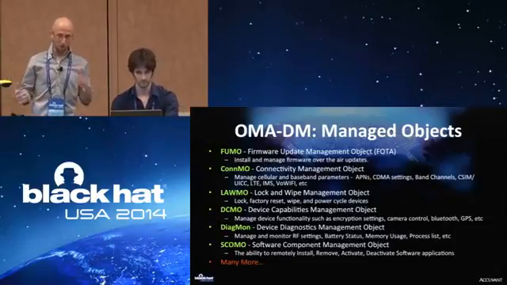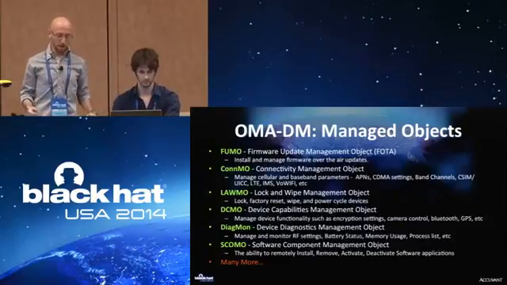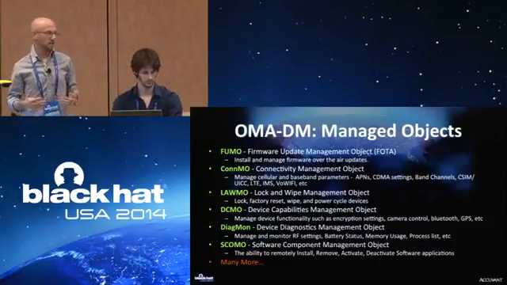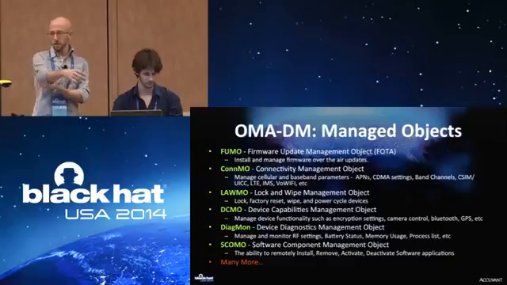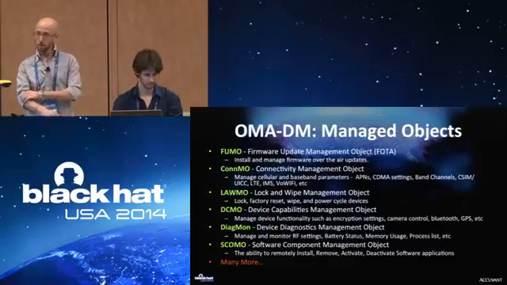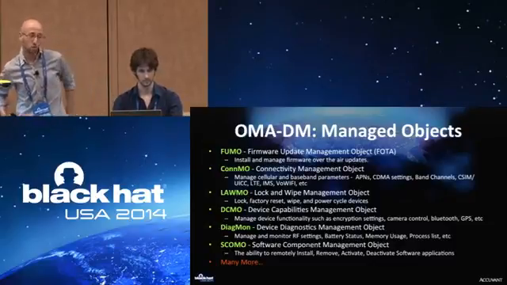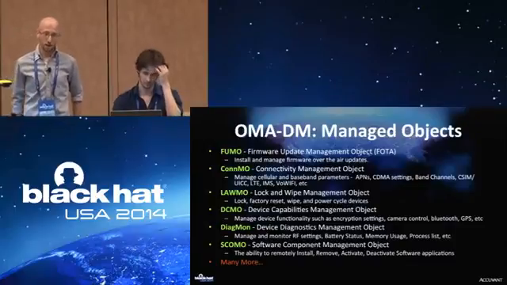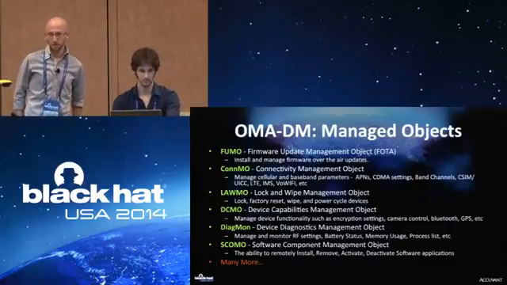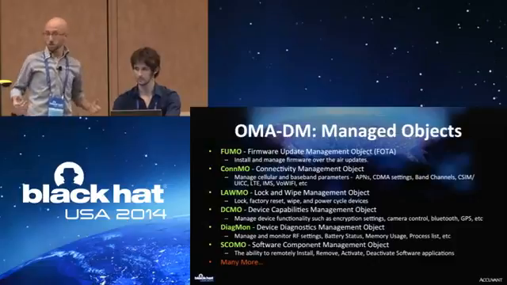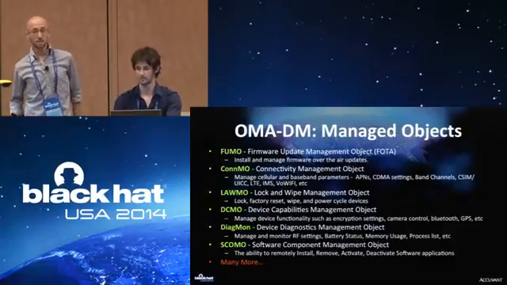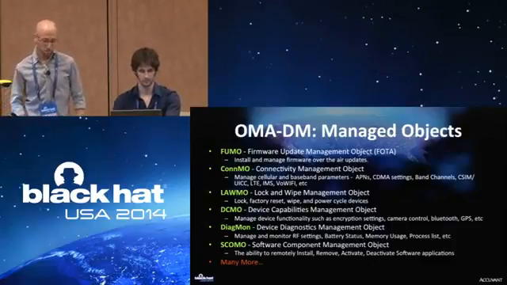Some of the interesting ones we've seen are FUMO, standard firmware over-the-air management. If any of y'all run Androids, especially via a carrier-provided device, say you bought your device from any of the major US or worldwide carriers, and you do a firmware update, if it's not going over GOTA, Google's OTA, which most aren't, it is probably going over OMA-DM.